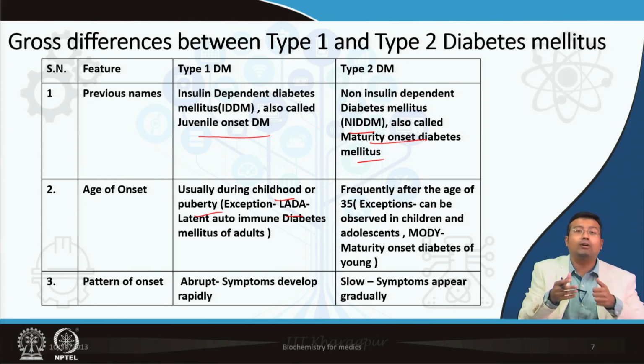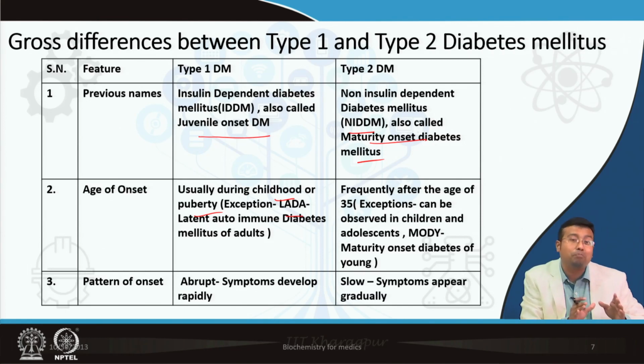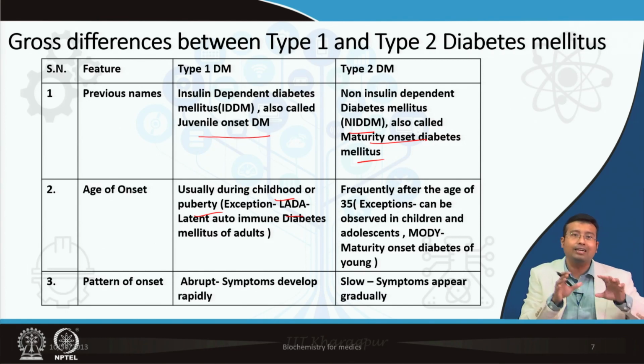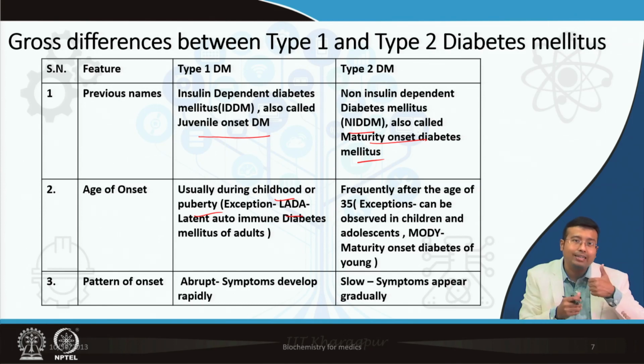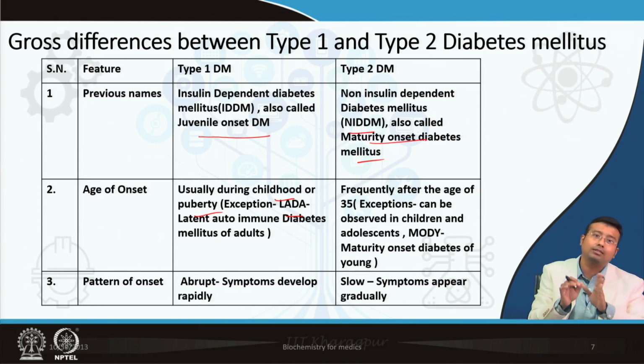If we were using the earlier classification, we would have said that since it happens in adults, it would be type 2, the non-insulin dependent. But now, since the classification is based on pathogenesis, we need to consider LADA in type 1, because in both type 1 and LADA, the pathogenesis is autoimmunity.